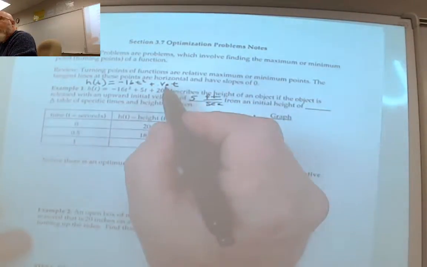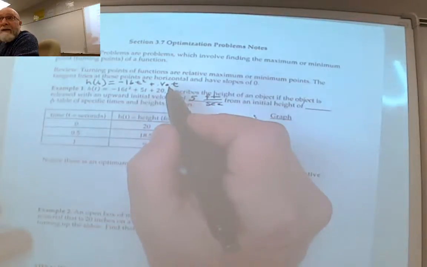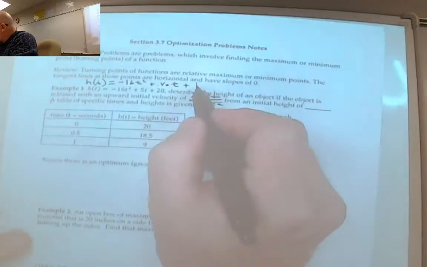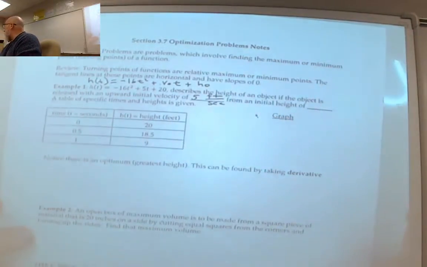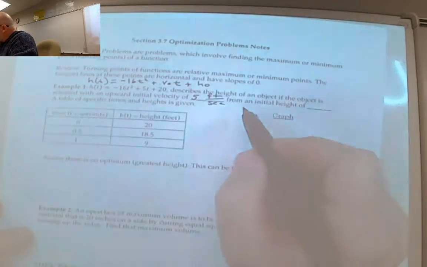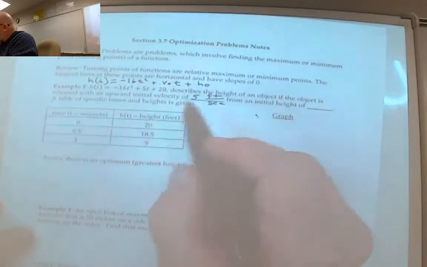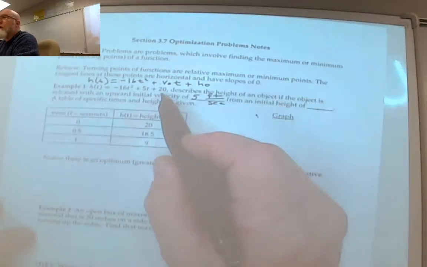It's positive if it's going up. It's negative if it's going down. Plus the initial height. If it's from the ground, the initial height is 0. And it says from the initial height of what? So from this equation, what would the initial height be? 20 feet.